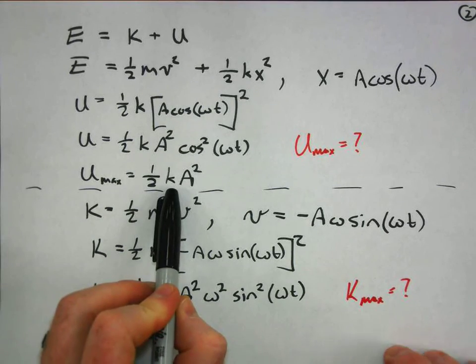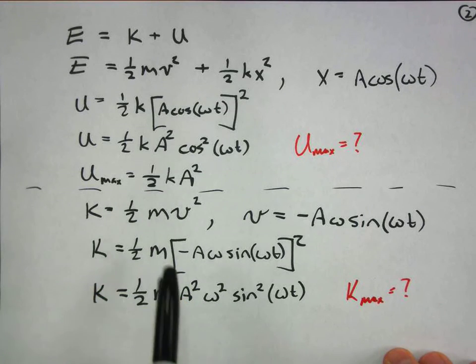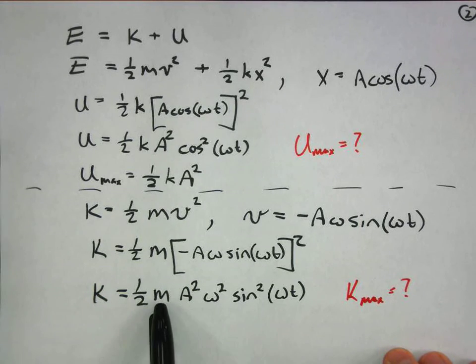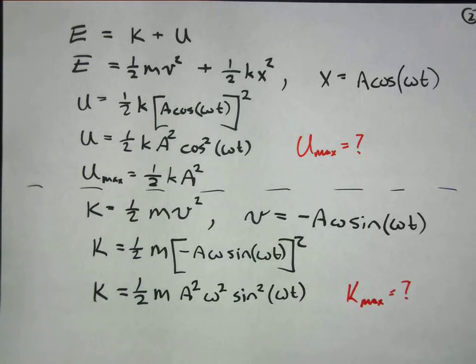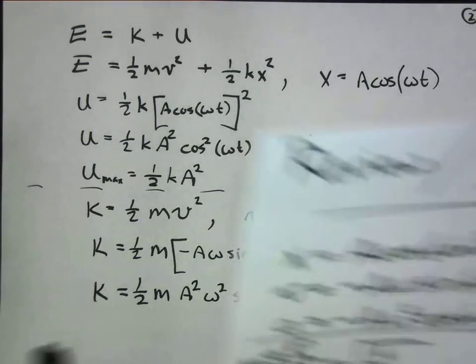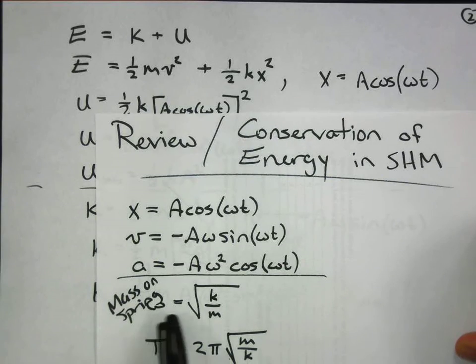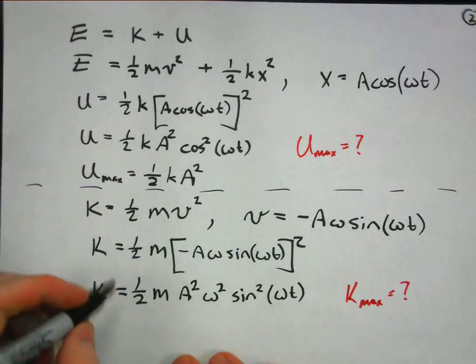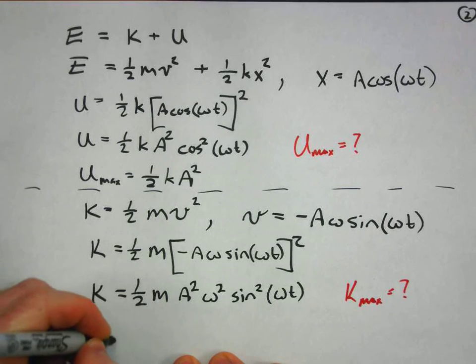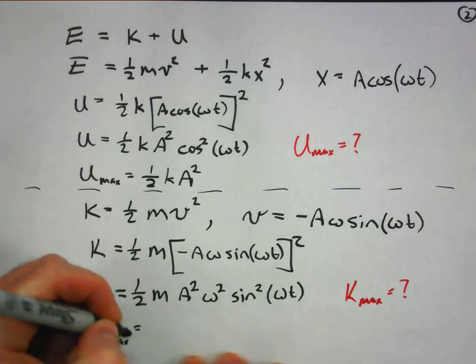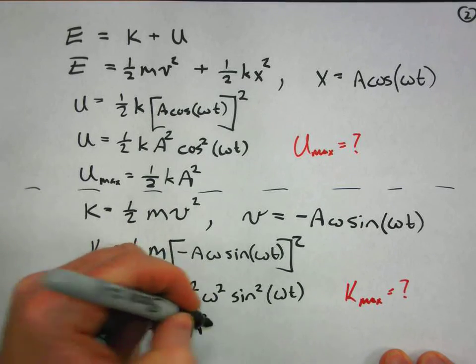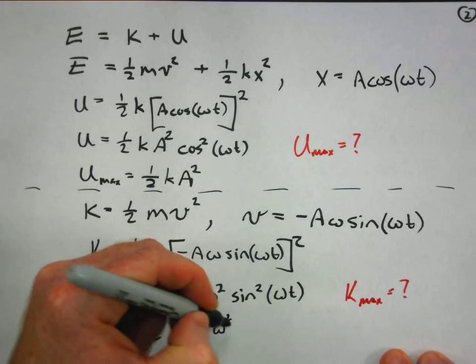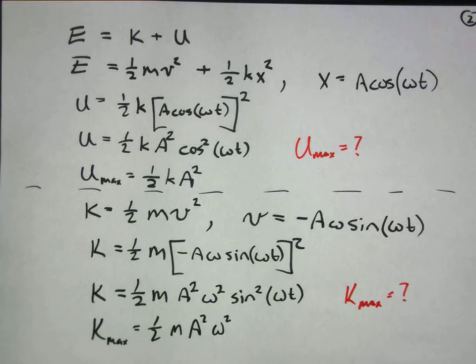Well, we see a k here, but here we would see this omega squared and an m. Well, if you recall that relationship, we have a relationship between omega and k and m right here. It turns out that those are equivalent. So we have K max, maximum kinetic energy, 1/2 m, amplitude squared, angular frequency squared.